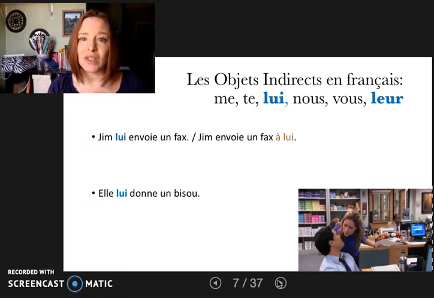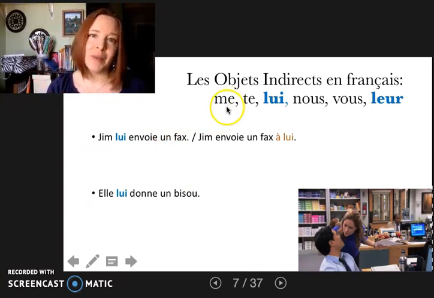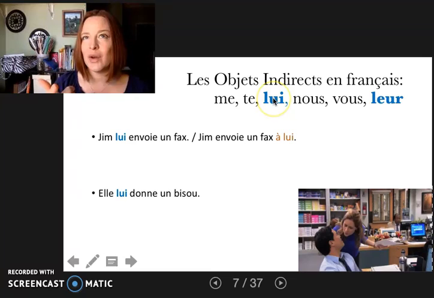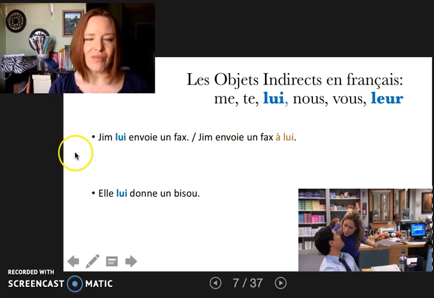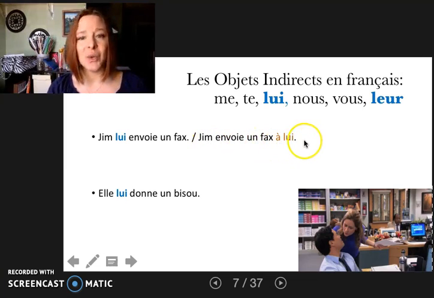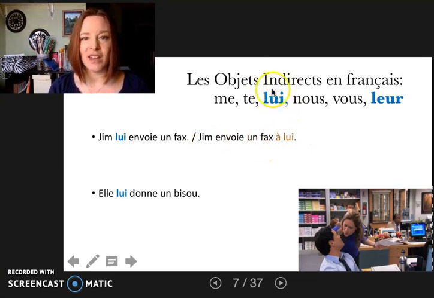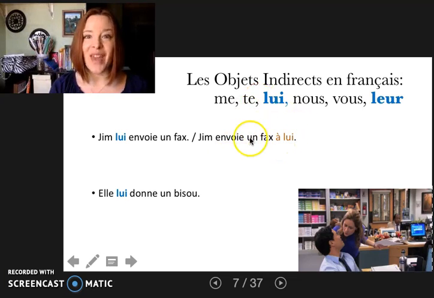Now, indirect object in French basically mean to me, to you, to her, to him, to it, to us, to y'all, to them. So when I see these sentences, Jim lui envoie un fax, or Jim envoie un fax à lui. Now, this is a stressed pronoun, not an indirect object pronoun, but we can do that.